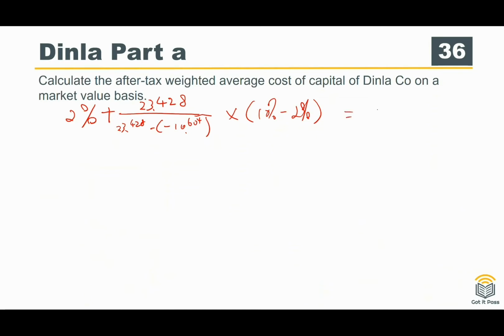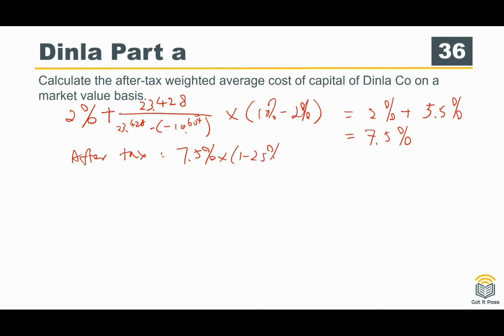So you got 2% plus 5.5%, and your answer is 7.5%. Okay, it's before tax. So after tax, 7.5% times 1 minus 25%, which is 5.6%. And that is the cost of loan notes.